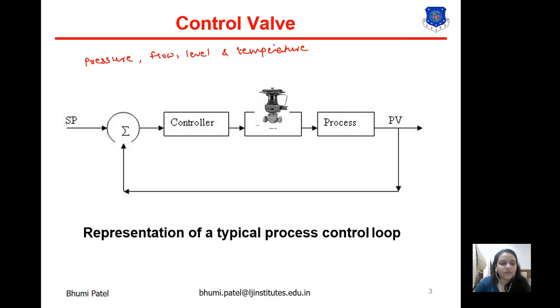So these process variables are kept within a required operating range, that means a set point, to ensure a quality end product is produced. Now each of these loops receives and internally creates disturbances that affect the process variable.